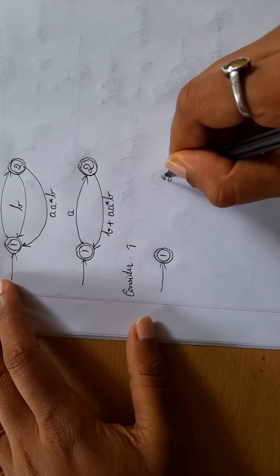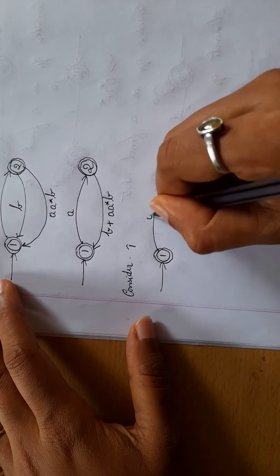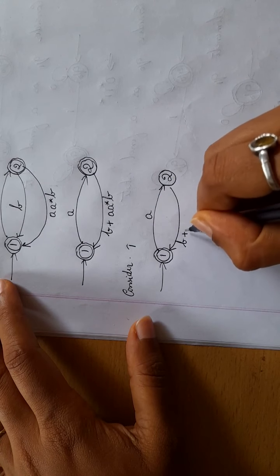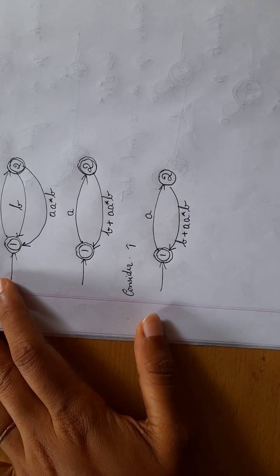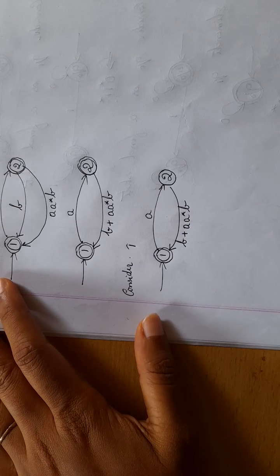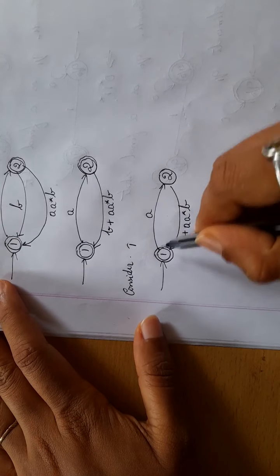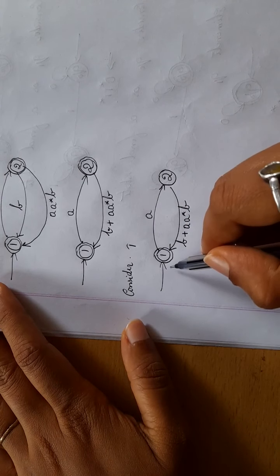So 2 is not a final state now. I have a transition here A, and then B plus A star B. Here you can notice it is of a particular form: a transition from 1 to 2, then a transition from 2 to 1.